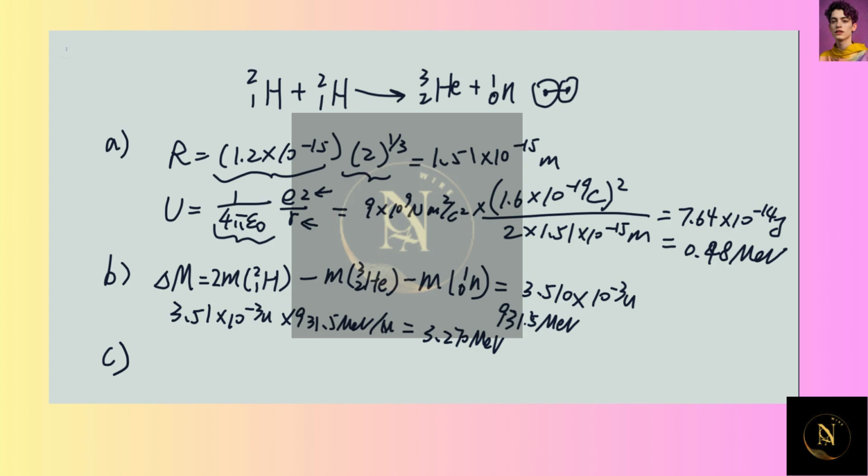So that is for part B. And I think it does not ask us to compute... oh, it also asks us to compute this in joule. If we convert MeV to joule, we find that 3.270 MeV is equivalent to 5.239 times 10 to the negative 13 joule.